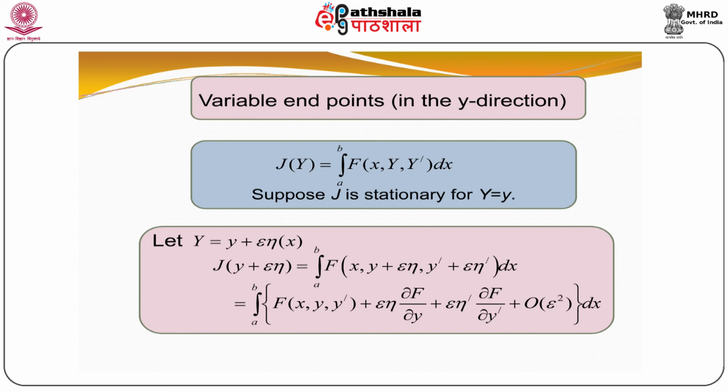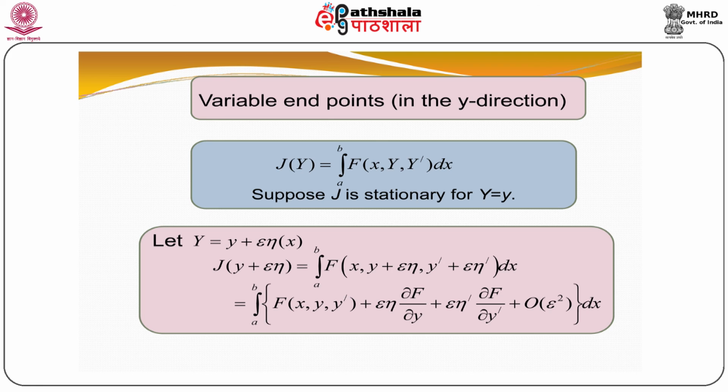For this, let us consider the integral capital J depends on capital Y. Please note it. So far we have considered only small y. Here we have considered capital Y. J is given by integral a to b capital F function of small x, capital Y and capital Y dash into dx. Small y function of x is not prescribed at the endpoints.